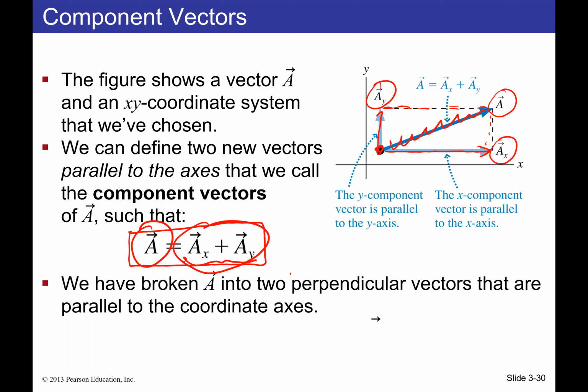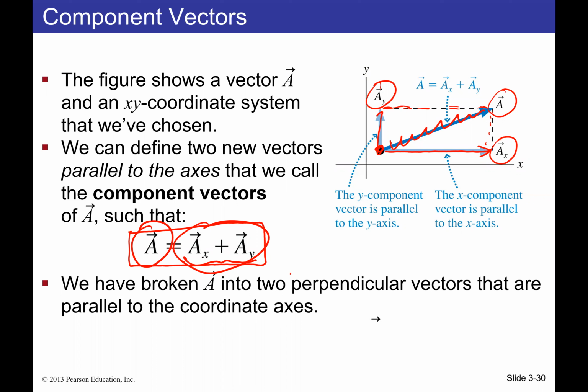Now the question is, why would I want to take one vector and replace it with two vectors? The answer is very simple, because those two vectors AX and AY are each individually just one-dimensional vectors. AX is constrained along the x-axis. AY is along the y-axis. That means the x component of any vector will be either to the right or to the left.